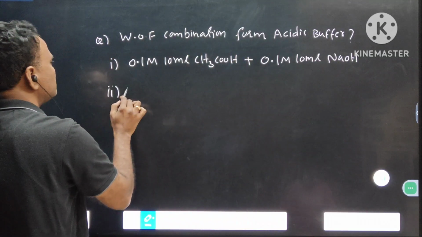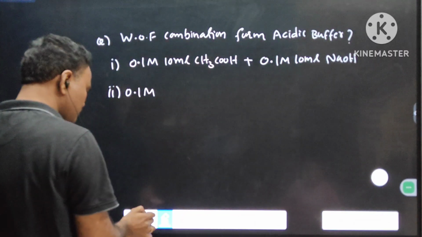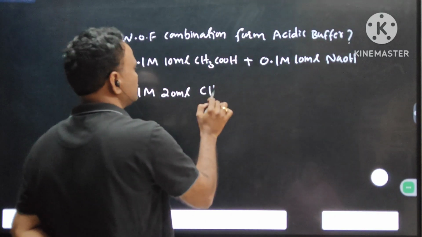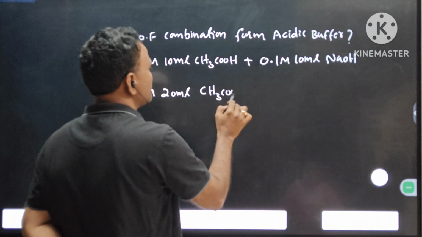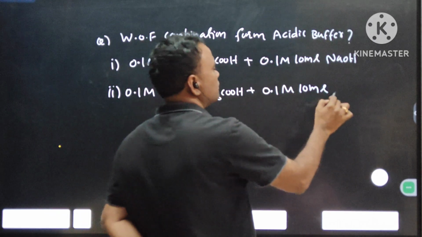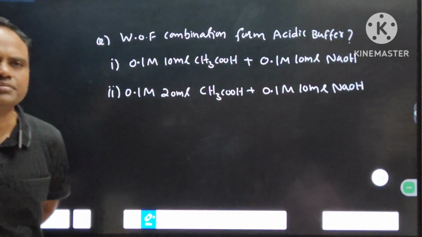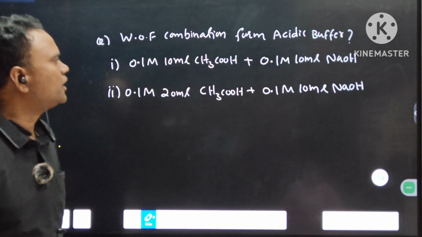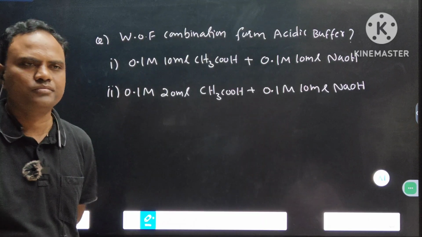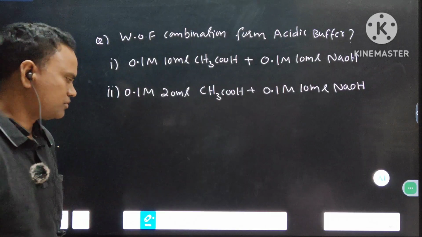Second option, 0.1 molar 20 ml acetic acid plus 0.1 molar 10 ml NaOH. I am giving two combinations to you. Which combination form acidic buffer? Okay, look at this. How to approach this question?